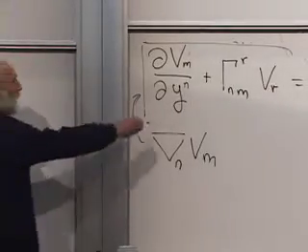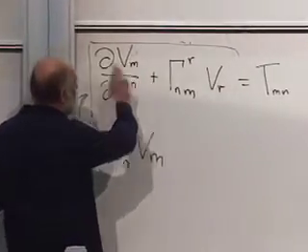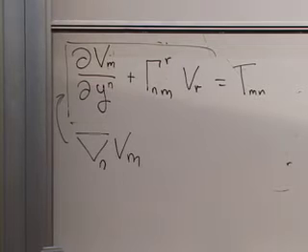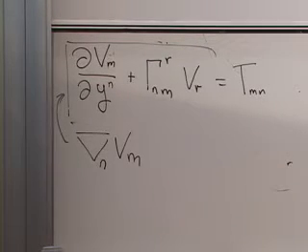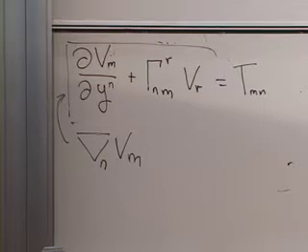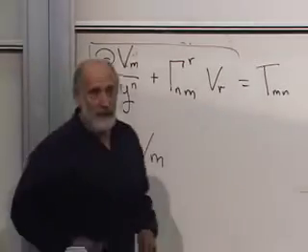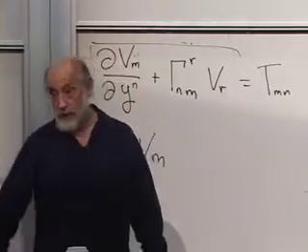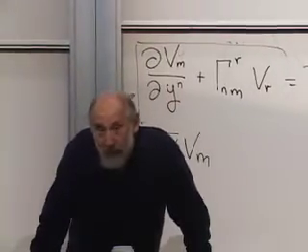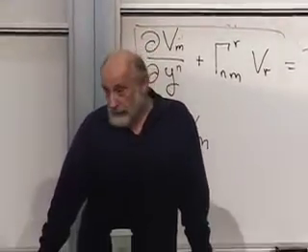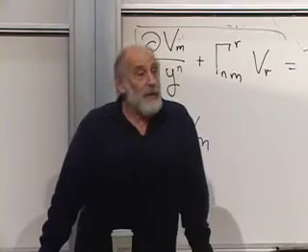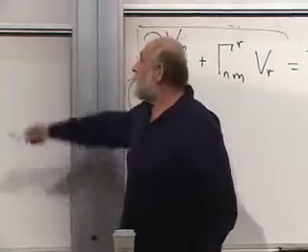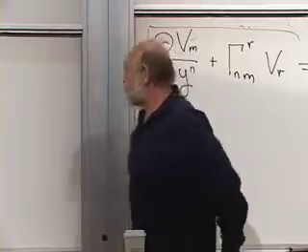Okay, so here was the way you write a covariant derivative of a vector. What would happen if I wanted to make a covariant derivative of a tensor? Oh, incidentally, what's the covariant derivative of a scalar? That's easy. It's just the ordinary derivative. Ordinary derivative is a tensor. But for a tensor, we have to do a more complicated operation.